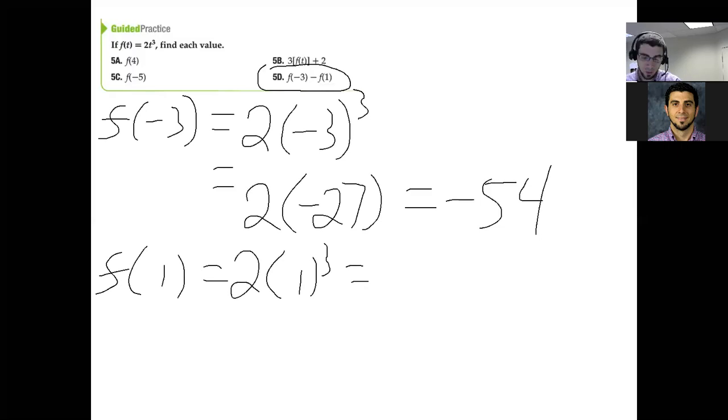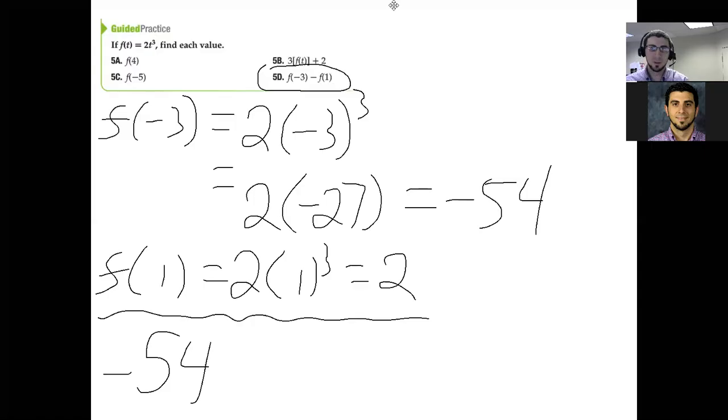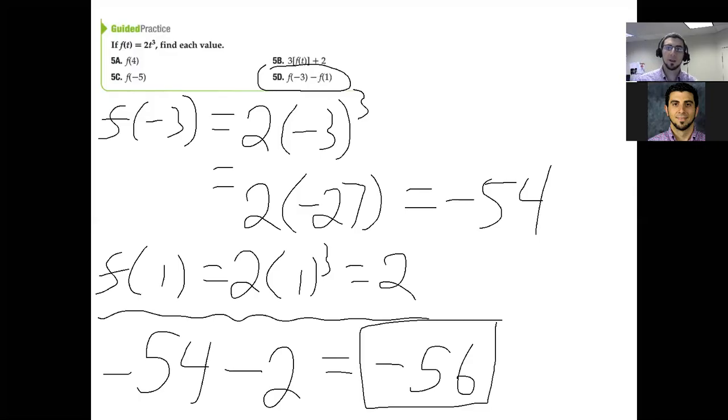Now 1 cubed is 1 times 2 is 2. So this is f of negative 3, which is negative 54, minus the value for f of 1, which is 2. So negative 54 minus 2 is negative 56. Alrighty? Looks good to me.